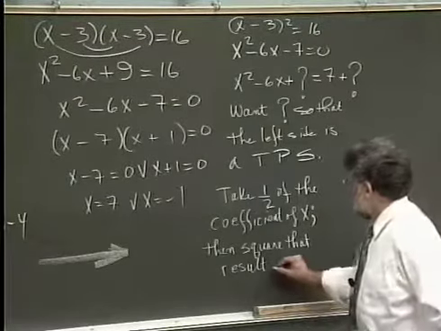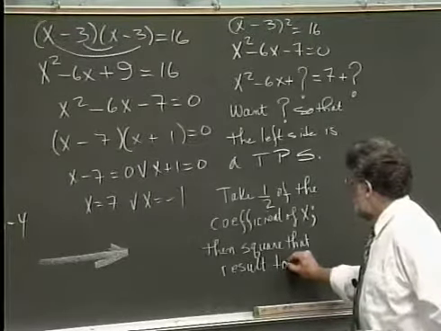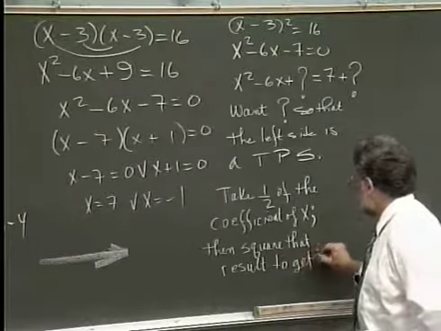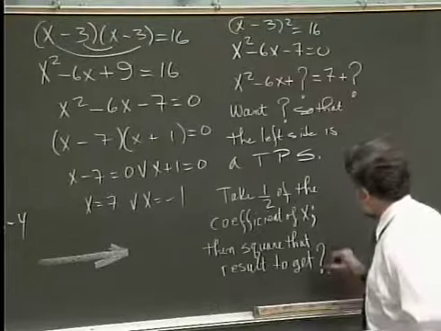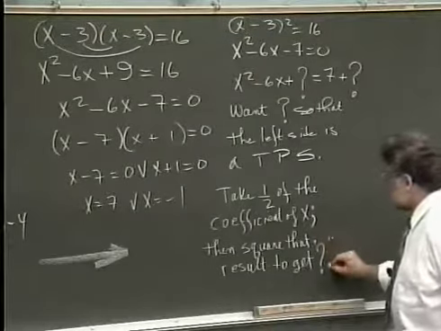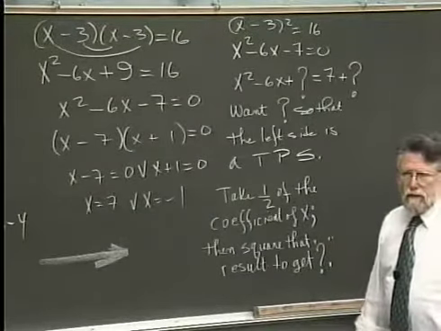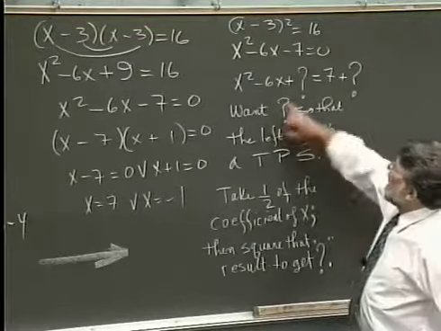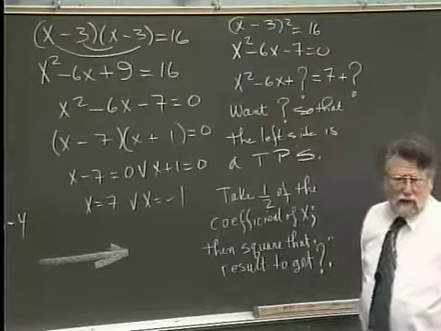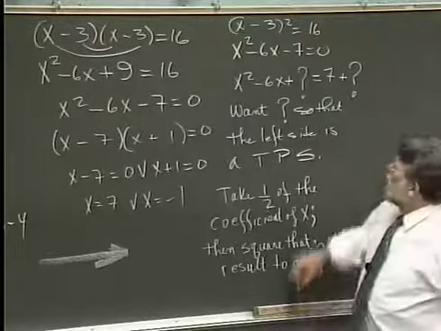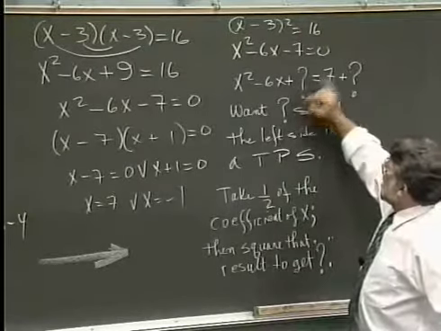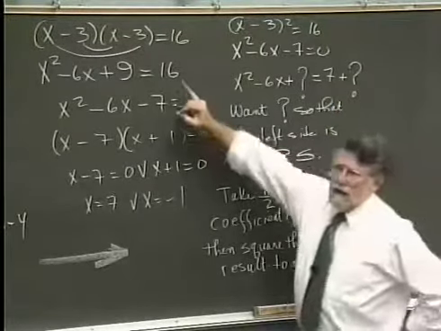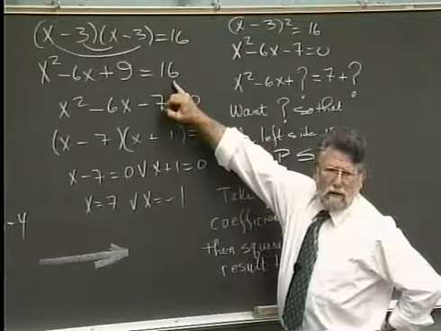Okay. So to get the question mark, what I did is take 1/2 of the 6, squared that, that was a 9, add it to both sides, and I get this result. Okay.